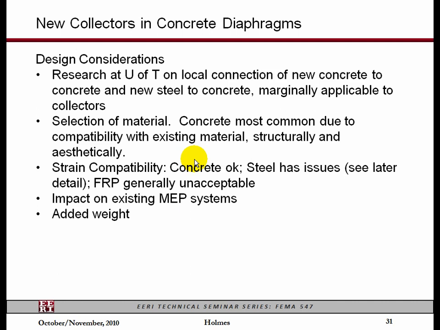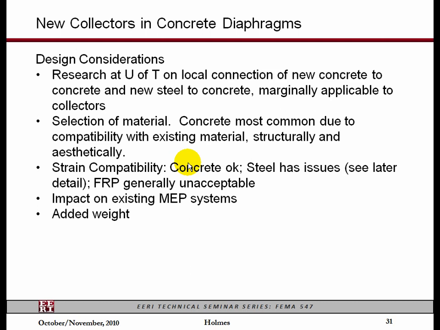Unless the strain is very low, like a monstrous steel beam next to a concrete slab, you may not have a problem. But if you put a plate on a concrete slab and bolt it in, you're going to have a strain compatibility problem, because the bond slip of a rebar in concrete is not the same as a plate being strained on the top of a concrete slab restrained by bolts, because the bolts have virtually no ductility.